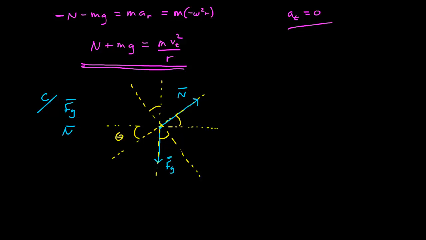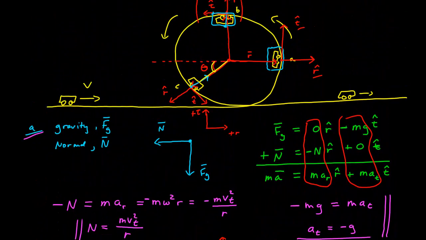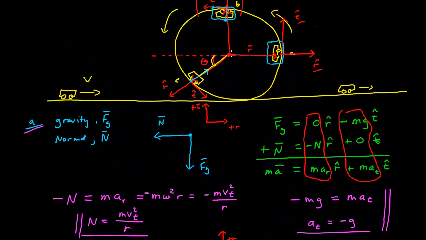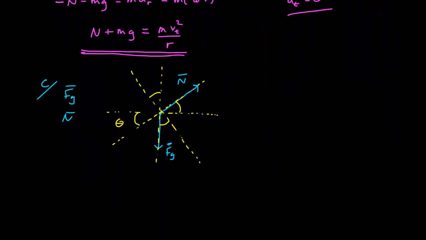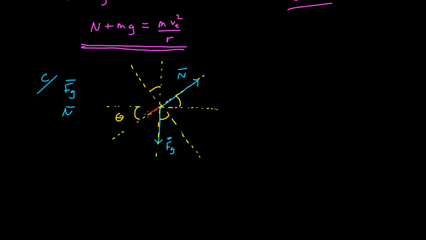But where are those axes exactly? Given the system, how the object is rotating, there's the radial axis, and here's the tangential. On my free body diagram, that makes this direction the positive radial axis, and that direction the positive tangential axis.